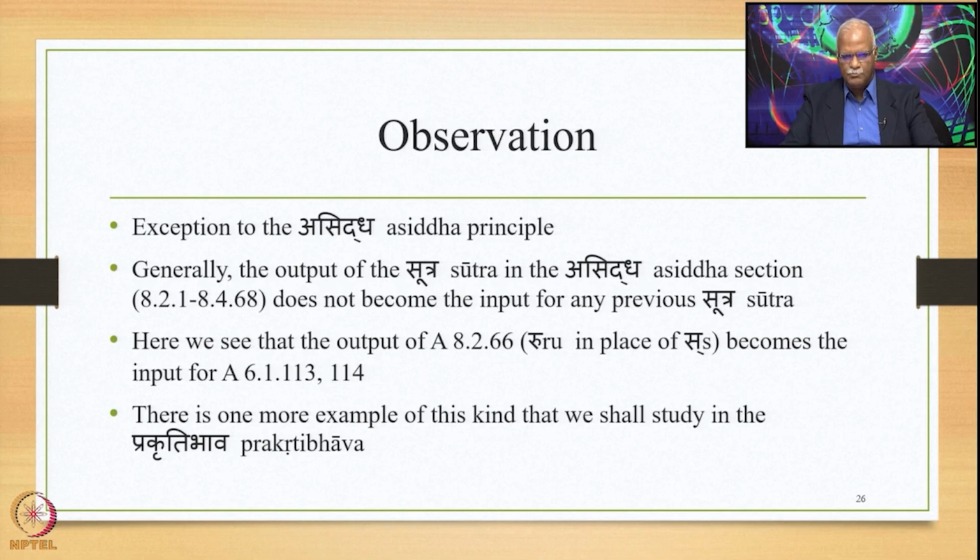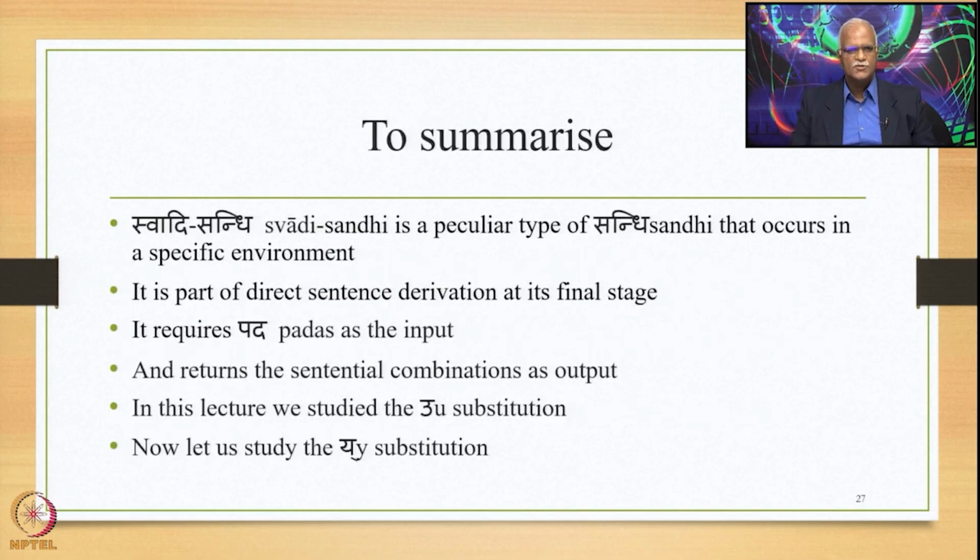There is one more example of this kind that we shall study when we study the Prakriti Bhava. That we shall do later on in the course. To summarize, Swadi Sandhi is a peculiar type of Sandhi that occurs in a specific environment. The environment is direct part of the sentence derivation at its final stage.